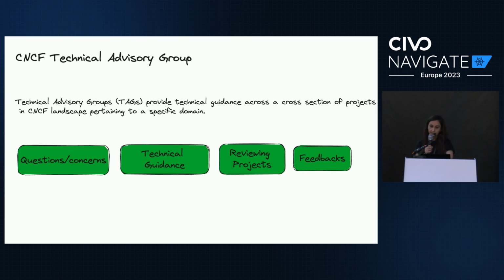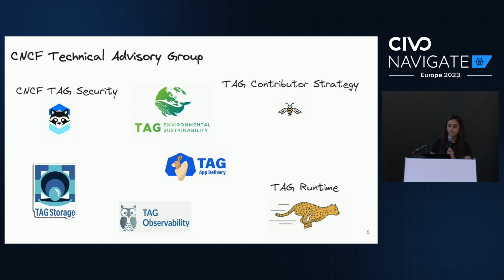There are many groups under this. A few of them, as you can see, have these logos out there. This is for TAG Security. We have TAG Contributor Strategy, TAG Runtime, TAG Observability. These are all the groups, and under these groups there are several projects.